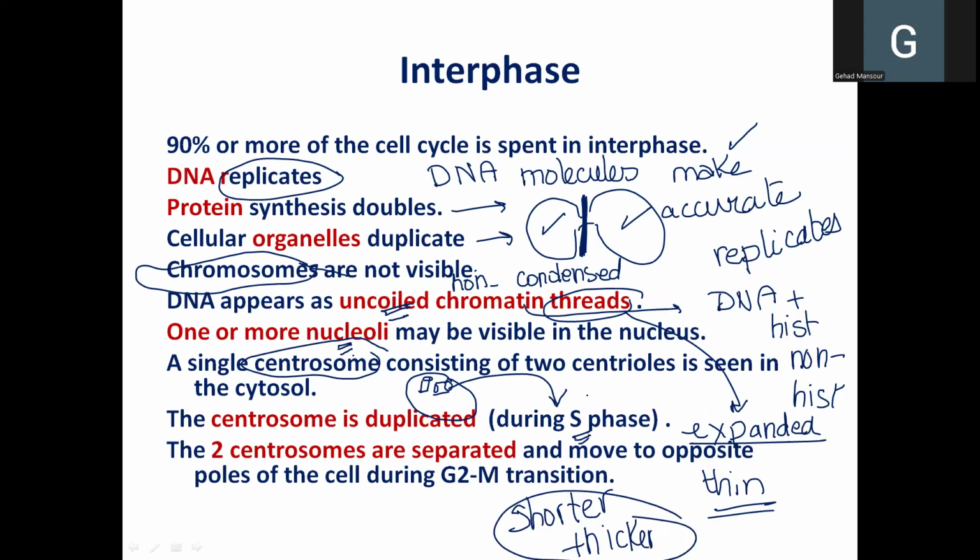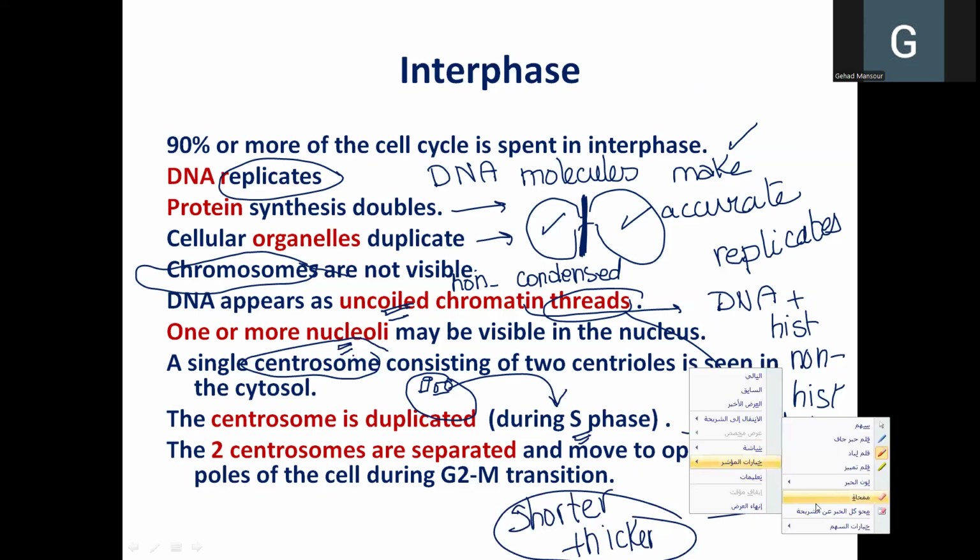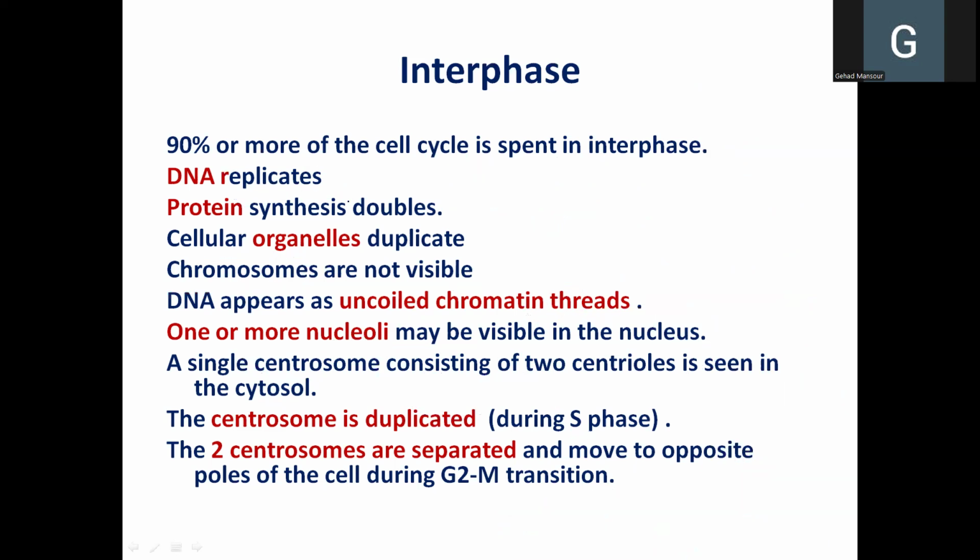And by the way, it applies to all the structures that have been mentioned to have duplicated, like DNA, like the protein molecules, and the organelles, and the centrosomes. All this appears during the duplication phase, or the S phase.